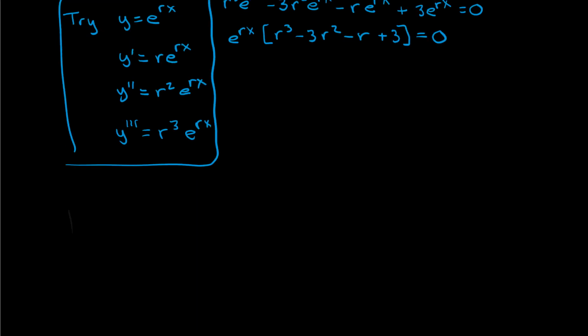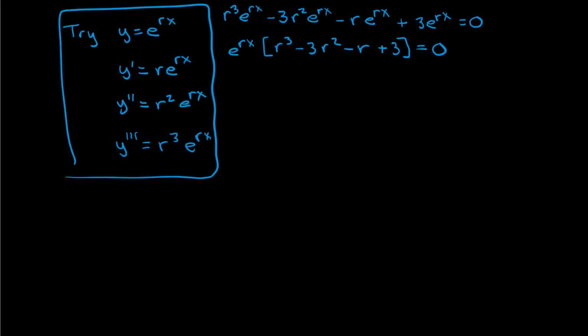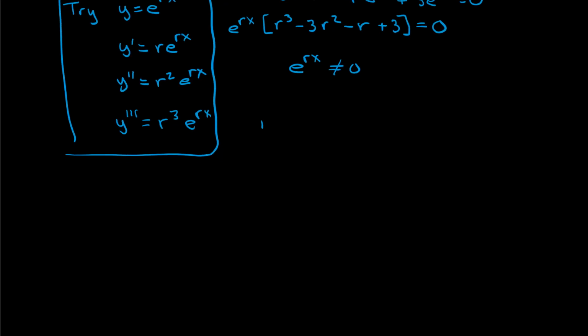Well, we first know e to the rx is never 0. We know that's the case, so that particular factor can't equal 0, which leaves us with r cubed minus 3r squared minus r plus 3 has to equal 0.